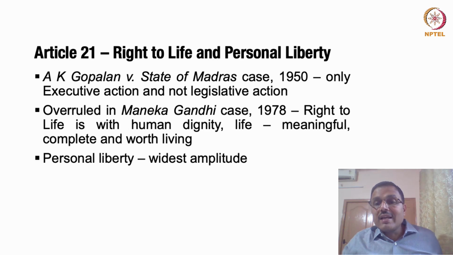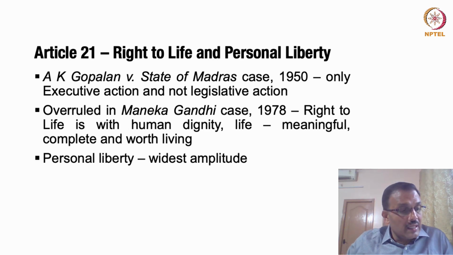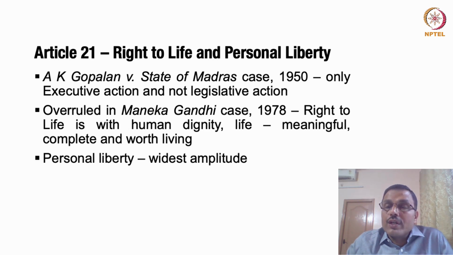However, when it came to 1978 in the Maneka Gandhi case, I think things changed, as I had discussed earlier. Things changed because of the 1975 emergency. Things changed because the judiciary wanted to uphold constitutional values and constitutional freedoms. The judiciary was asserting itself from legislative and executive interference.